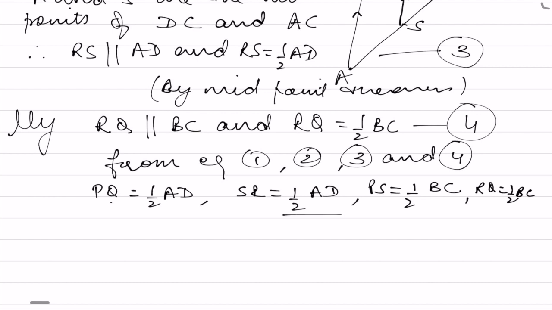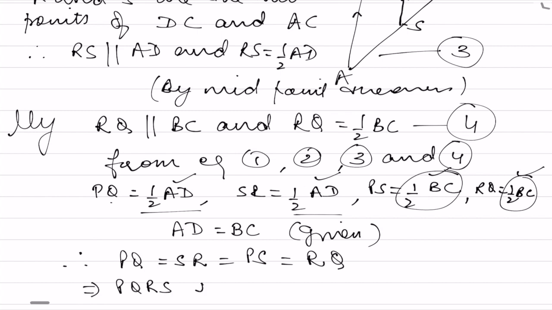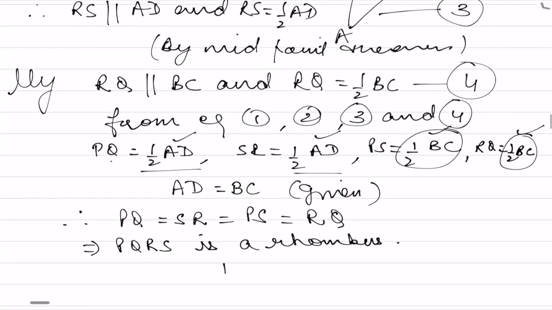Now in the question, it is also given that AD is equal to BC. That means all the right hand sides of these four equations are equal. Therefore, their left hand sides will also be equal. PQ equals SR equals PS equals RQ. That means all the four sides are equal. This implies PQRS is a rhombus and hence proved.